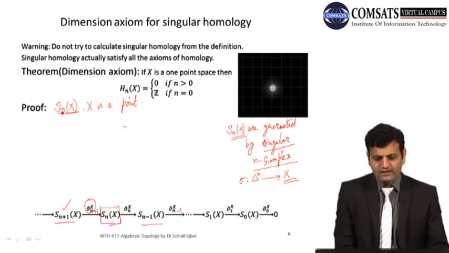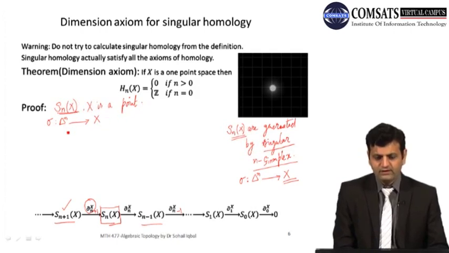Okay, so S_n(X), as we have seen, is generated by all singular n simplices. Basically I'm trying to see how many continuous maps there are from the standard n simplex to X, but in this case X is a point.